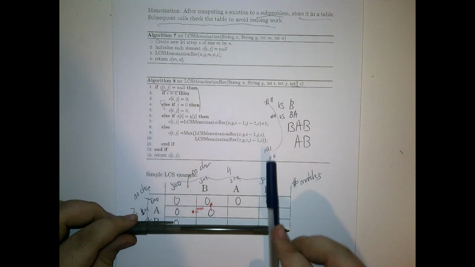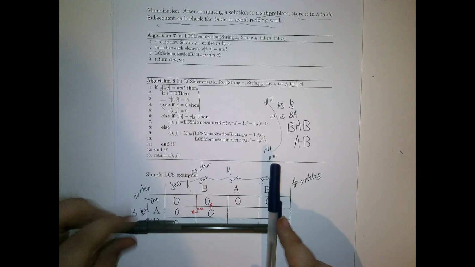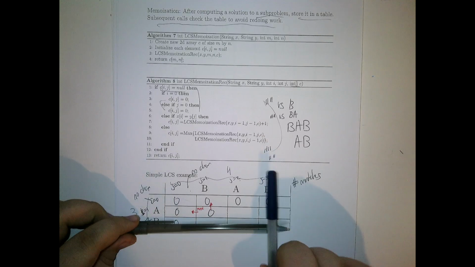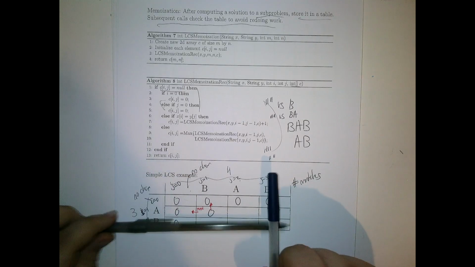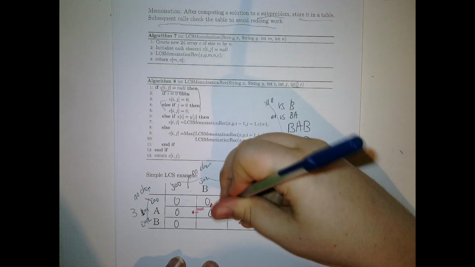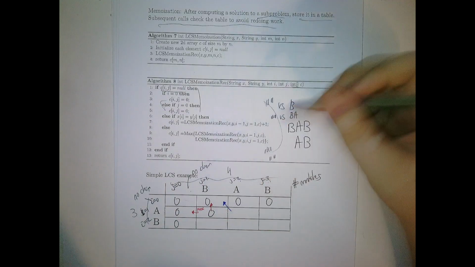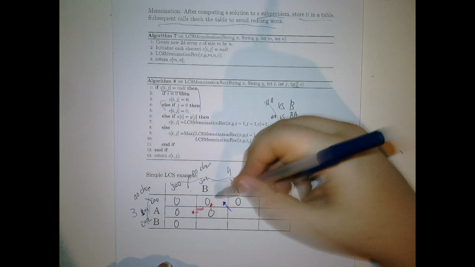Let me use the pens to cut them off. So what if we had A, string just consisting of A, versus string just consisting of BA. Well, in this case, the last character matches. When the last character matches, it said subtract 1 from I and 1 from J, which means we go up diagonally.